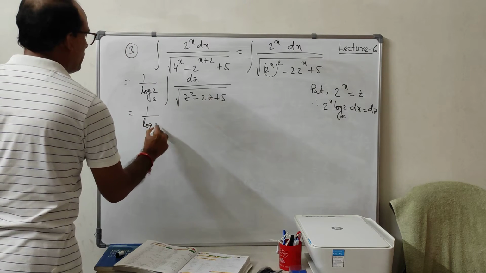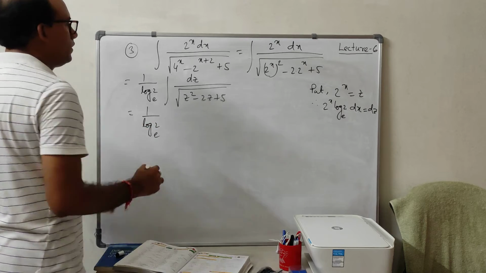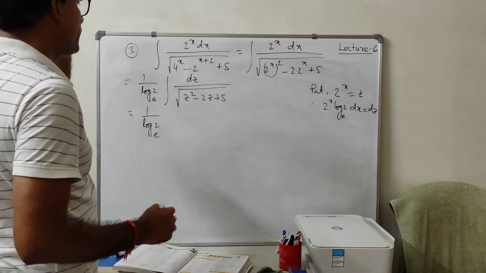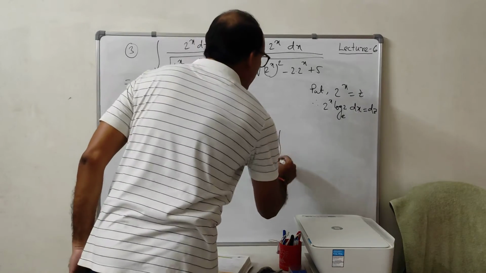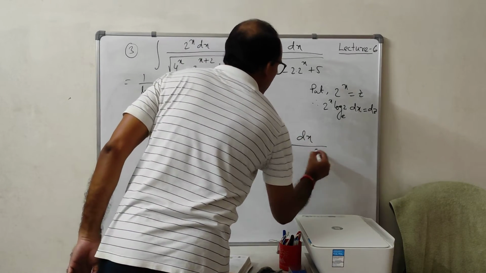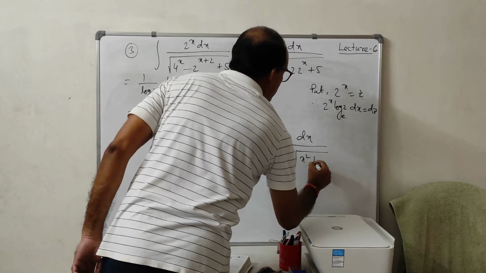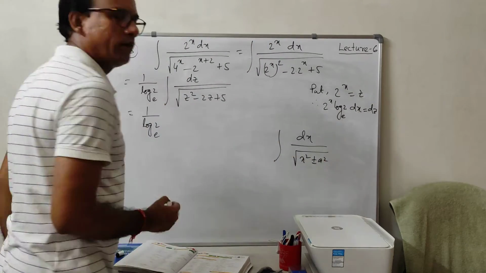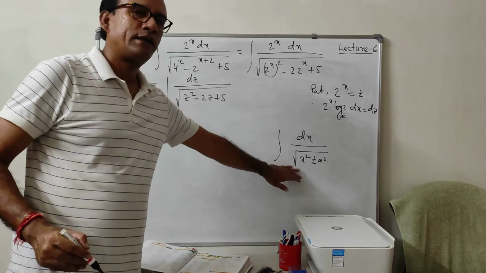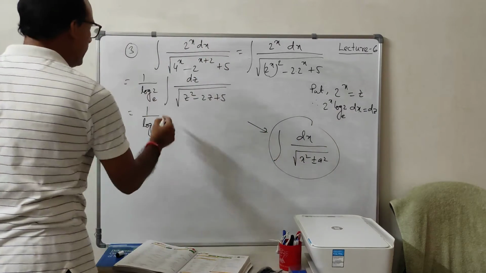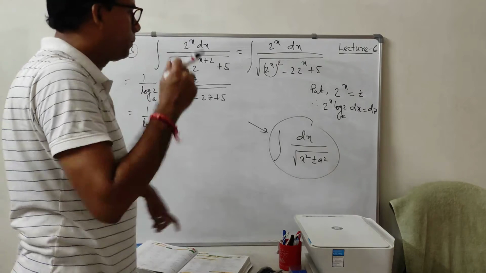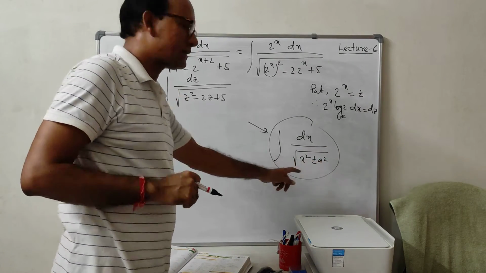See, if you closely look at these, you can understand you are going to get some integral like root over x square plus or minus a square. Let us see whether we get a plus sign here or minus.